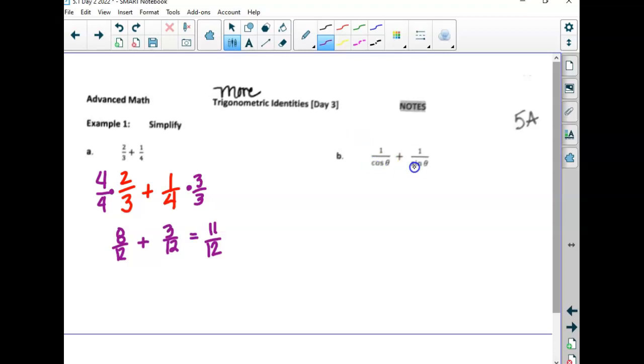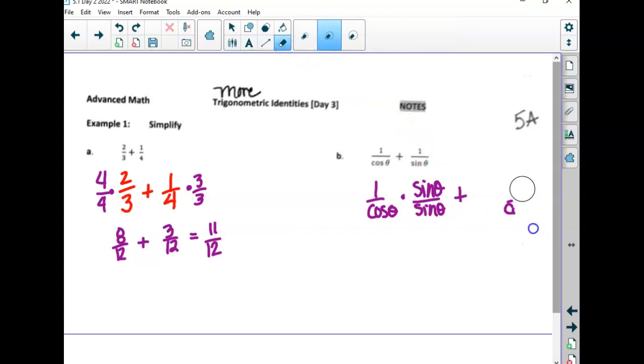What is the common denominator going to have? A sine and a cosine. So this 1 over cosine would need to multiply by a sine over sine. And then this 1 over sine, and what do we need to multiply that by?